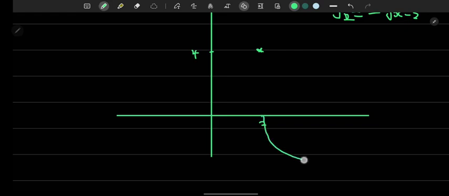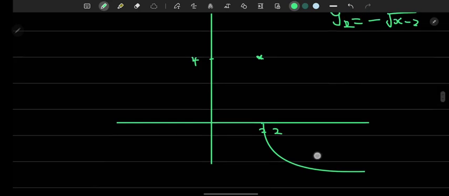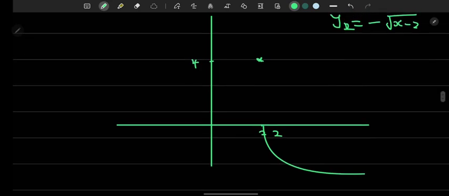This is what we are going to have for that, where this point is 2. Now this same thing, we take it up 4 units. That means instead of starting from the x-axis here, it will now start from this point. So this is where it's going to start from.